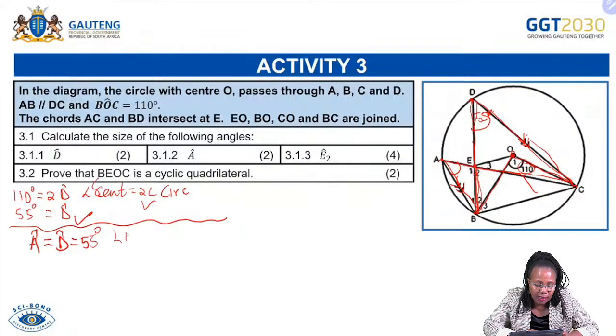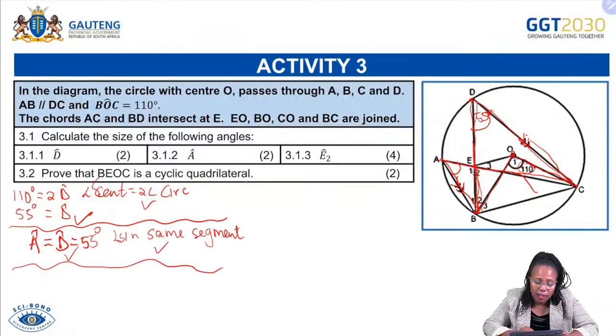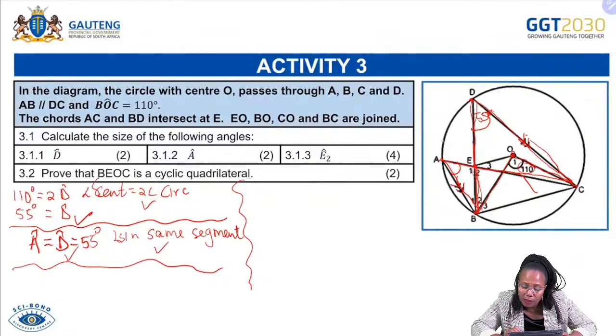Reason: angles in same segment. 1 mark for the statement, 1 mark for the reason. And then now 3.1.3, angle E. Okay, let's put in 55 here.